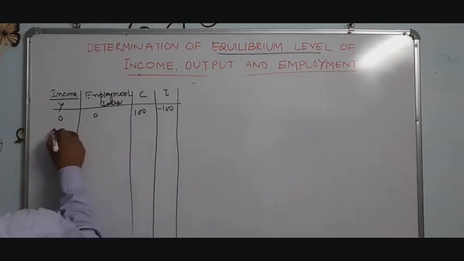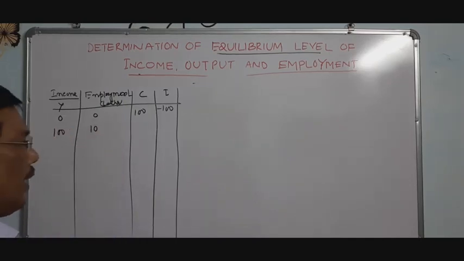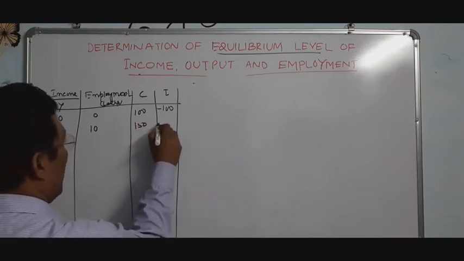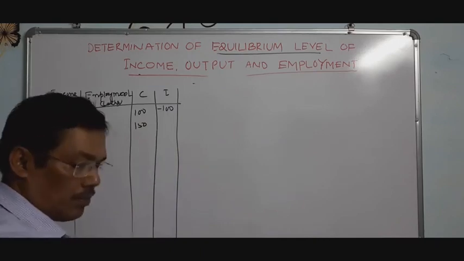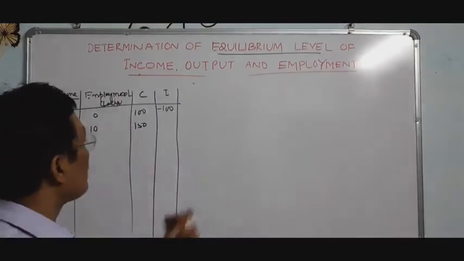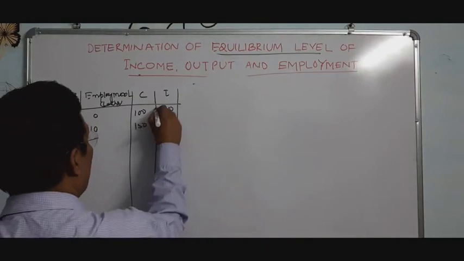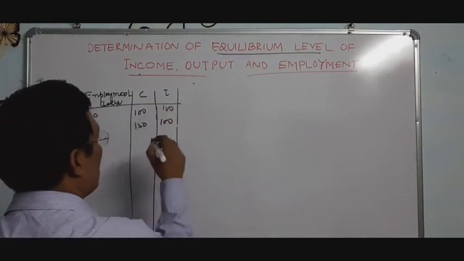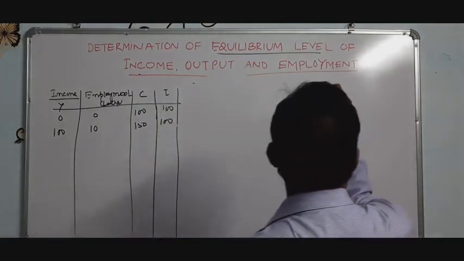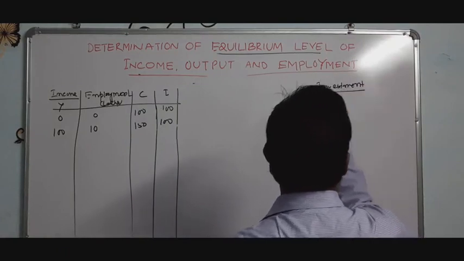If income increases from 0 to 100, suppose employment is 10 lakh, consumption is 150 and investment is 100. I was discussing investment: investment is divided into two parts.